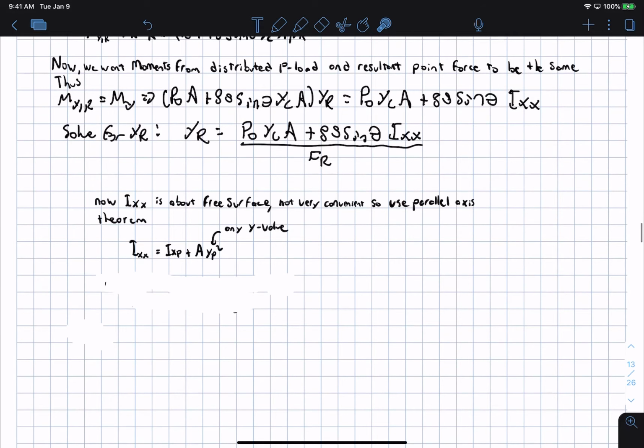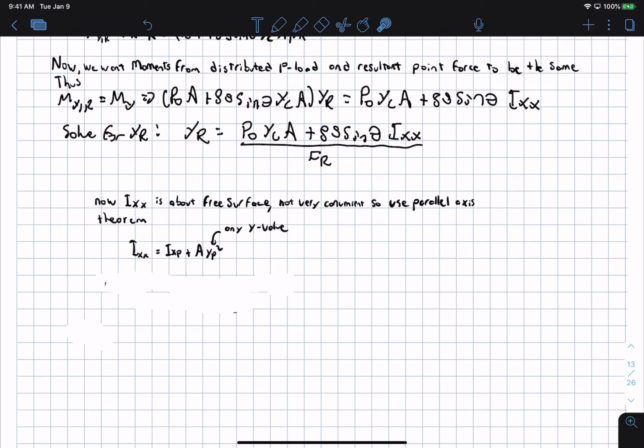So it is normally more convenient to determine the moment of inertia about the centroid, because in the tables in your books, in statics and mechanics of materials, like the 1/12 BH cubed, those are about the centroid of the object. And so we need to move the moment of inertia from the free surface to the value at the centroid.